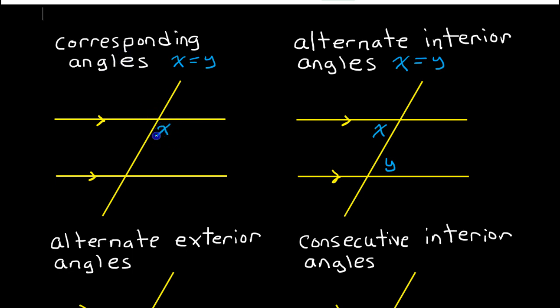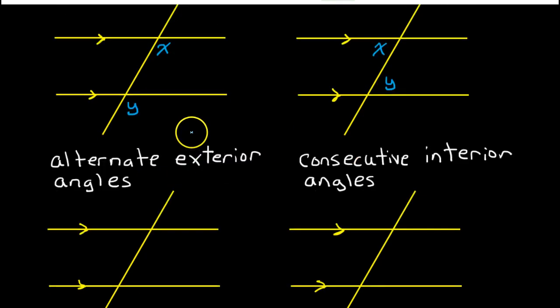If I put my X in the lower right-hand corner and I put a Y in the lower right-hand corner, these are corresponding angles. See how both of these angles are obtuse? If you have two obtuse angles in this situation, they're probably going to be equal. If you have to guess, that will help you guess right.